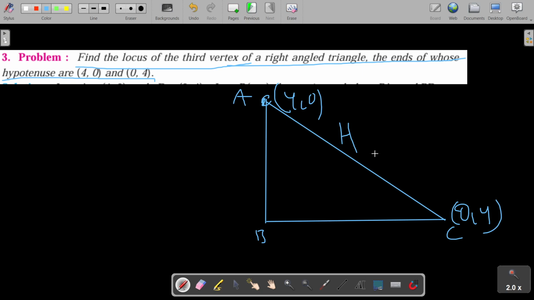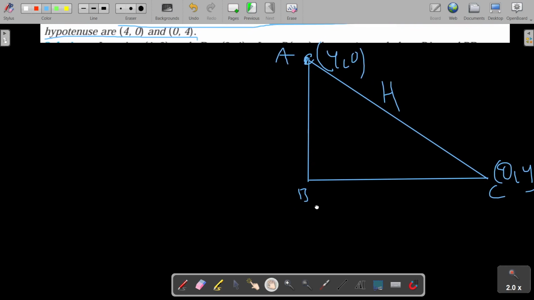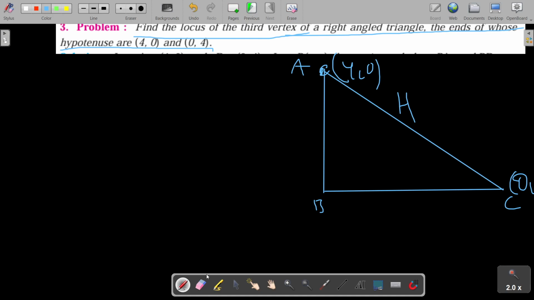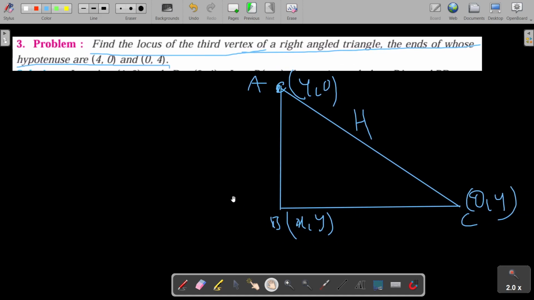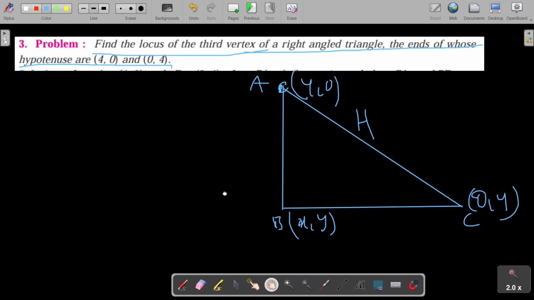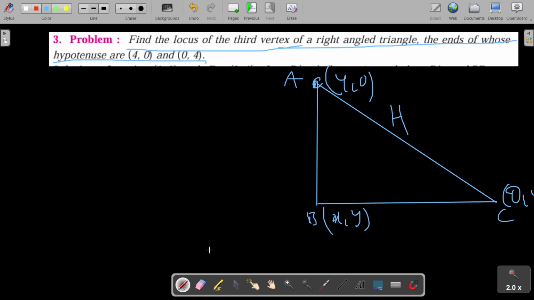The hypotenuse is the longest side of the right angle triangle. So the hypotenuse is given, and the third vertex B, let's assume as x comma y. We have to find the locus of this point, the third vertex of the right angle triangle.